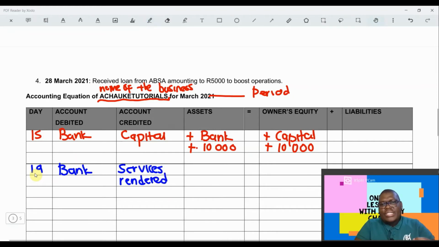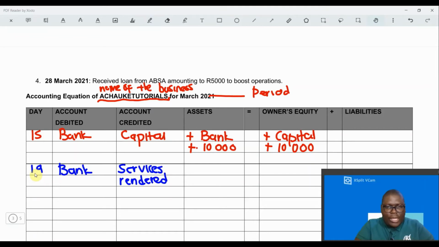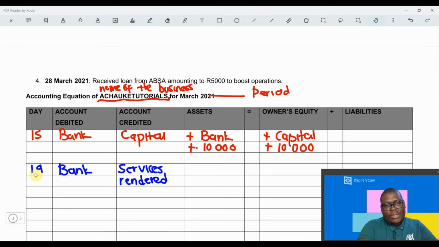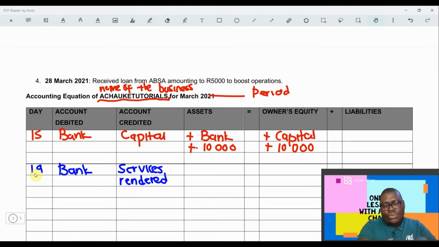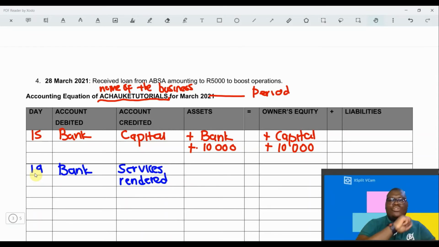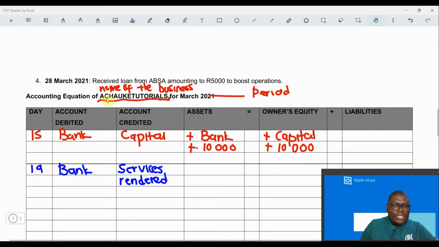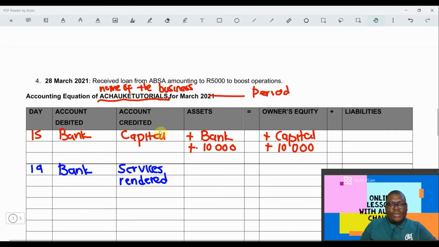Now we need to ask ourselves, okay, where do these accounts fall? And like I said, sometimes some examiners will only ask you to show the account debited, account credited, and then not ask you to write that particular account on the element. They'll just want you to show the amounts. But sometimes they might not actually give you this account debited, account credited.